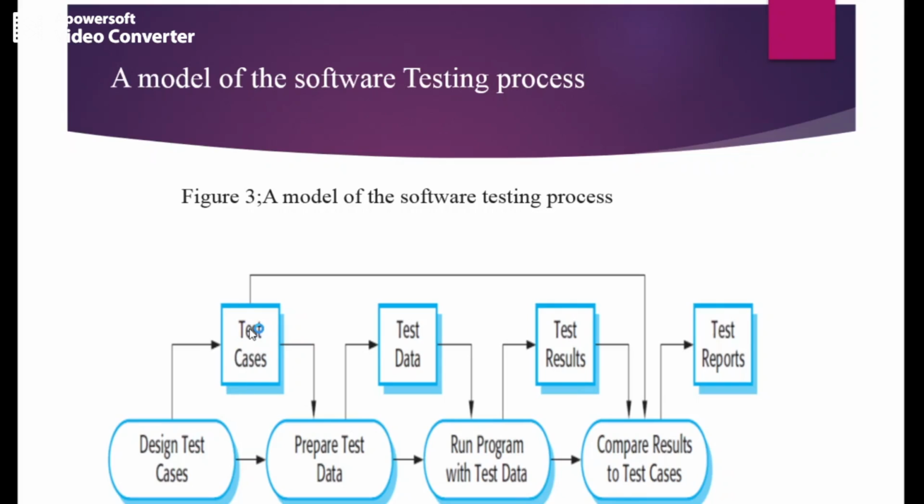A test case can be in tabular form: you can include the test case name, description, test data, what input is given, and the expected output. So you can compare the results to that expected output, and you can generate the test reports.